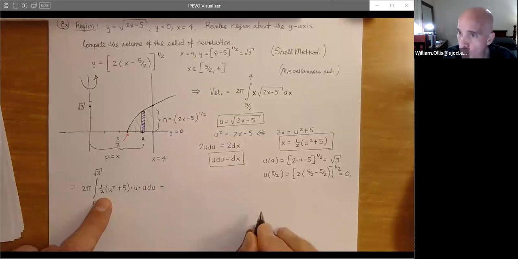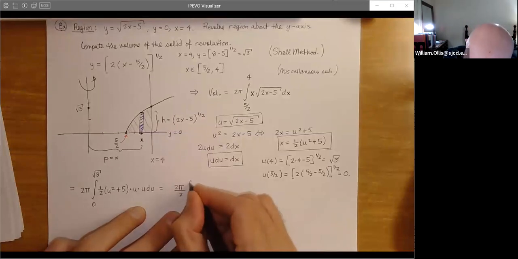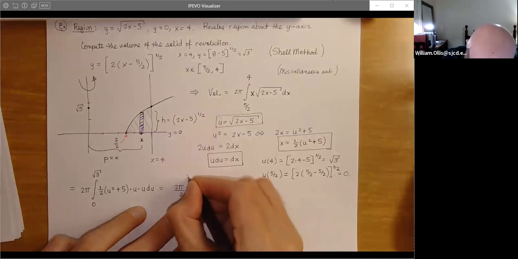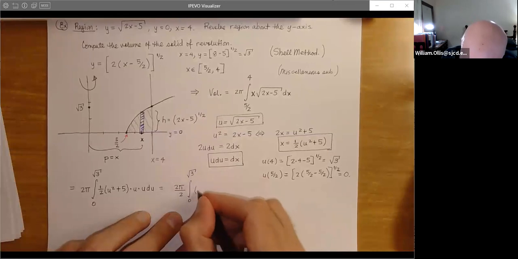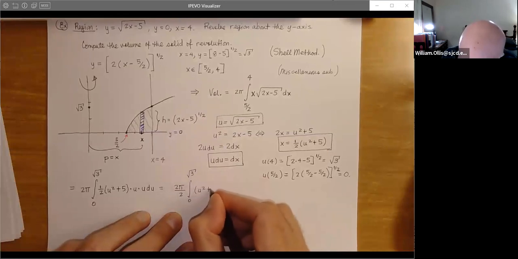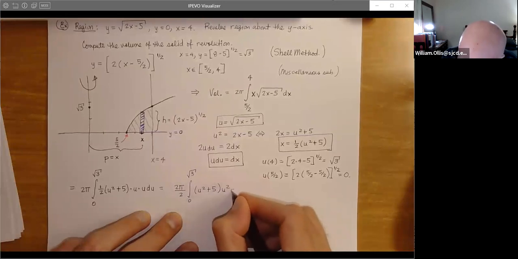Okay, now at this point, we just want to clean everything up. We can go ahead and bring the 1/2 out. So this will be a 2 pi divided by 2, from 0 to square root 3. And of course, now we have a u squared plus 5 times the u squared du.